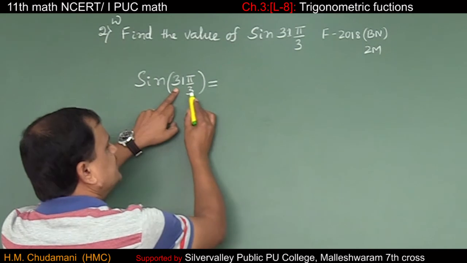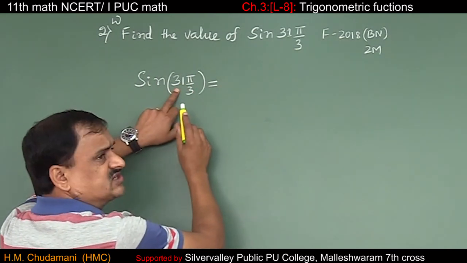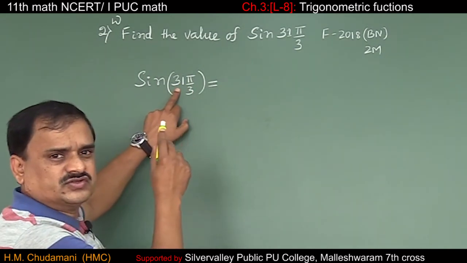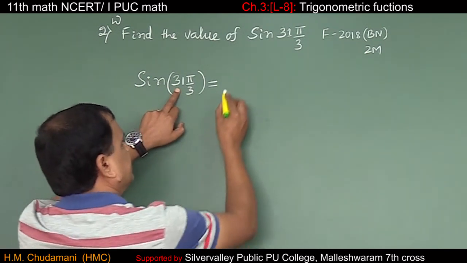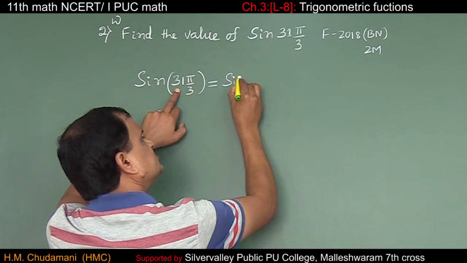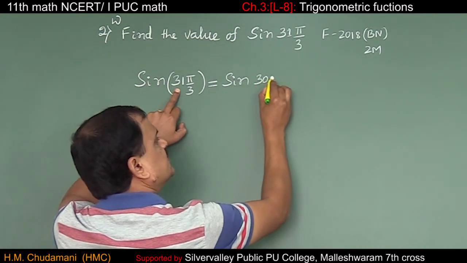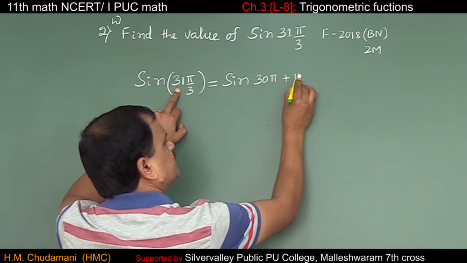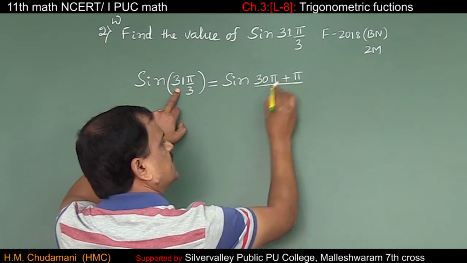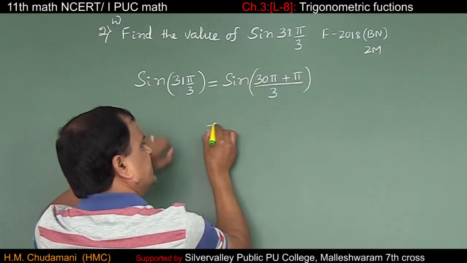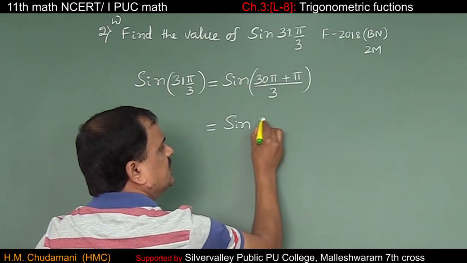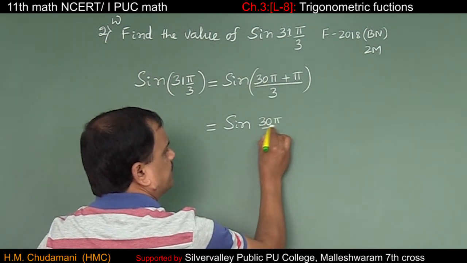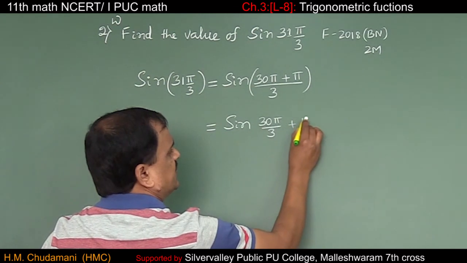See, 31 we have. So 30 plus 1 makes 31. So sin of 30 pi by 3 plus pi by 3.